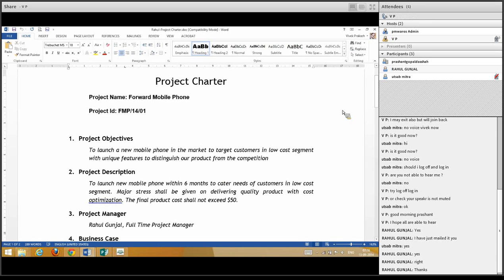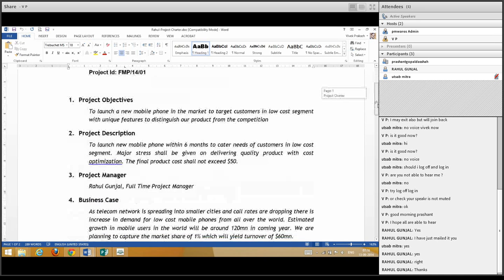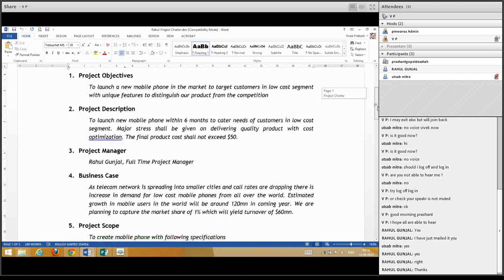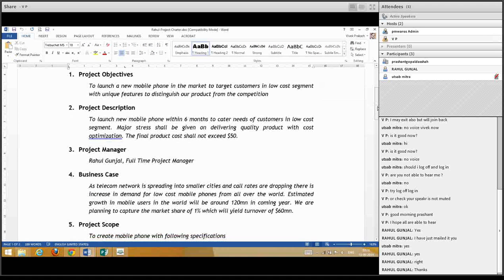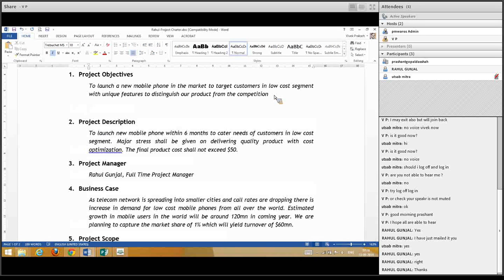See, look at this. Business case and project objective. See, normally we say project objective should be SMART.